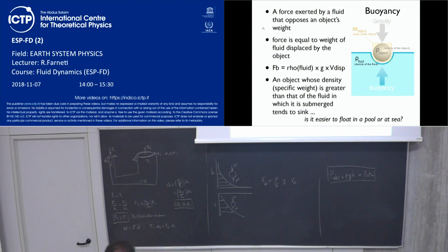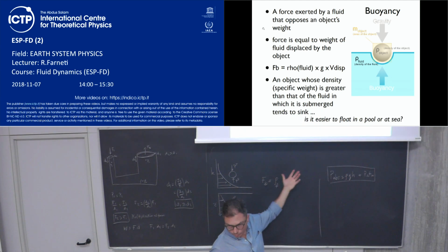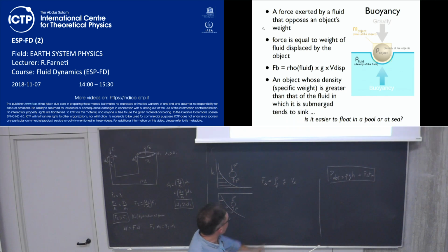If the object is totally immersed in a fluid like a balloon, the volume displaced is equal to the volume of the element of fluid because it's totally immersed, times the gravity times the density of the fluid, not the particle. That's why what really matters is the density of the fluid you are in, not the density of the particle or the element of fluid.